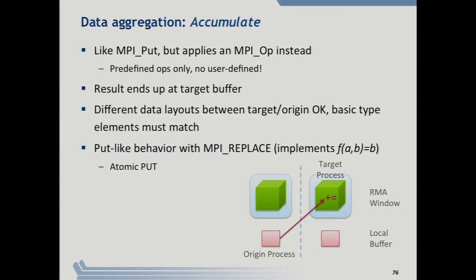But the concern with the forum and the vendors was that what I'd really like to do with accumulate is the origin causes something to happen at the target, and maybe the operation happens in the network card. So the network card has a little floating point unit or something, and it does stuff. If it's a user-defined operation, it means I have to send executable code over to the target. And nobody really wanted to contemplate that.